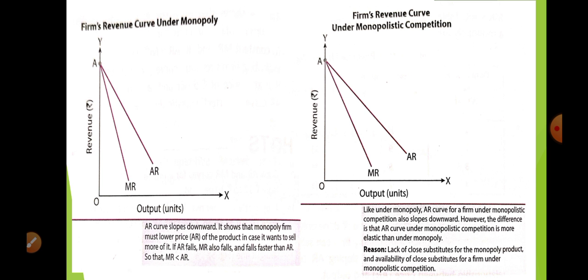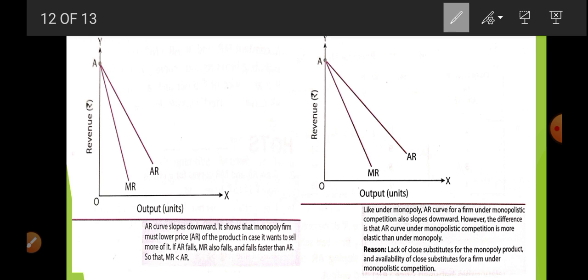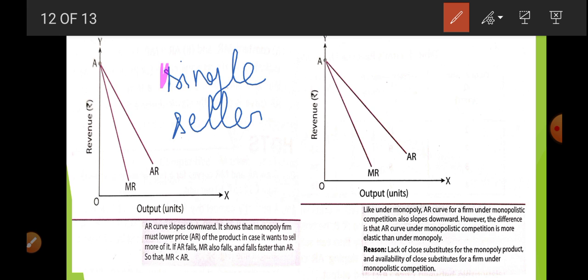Now, here we are going to learn the MR and AR curve under monopoly and monopolistic competition. What is the difference between these two? Monopoly is related to just a single seller. So these two curves will be steeper.